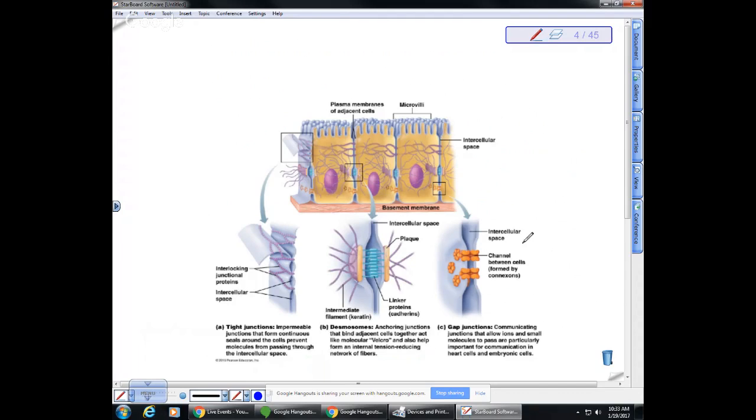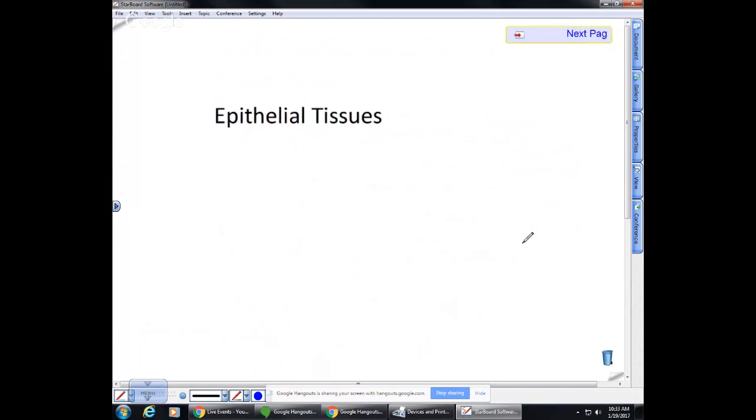And so we're going to focus on the epithelial tissues and the connective tissues today. So epithelial tissues are cells that line the inside of organs and make up the epidermis. Actually, let's just put line the inside, sorry.